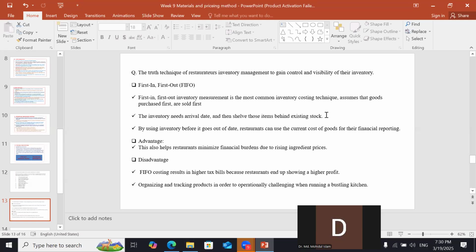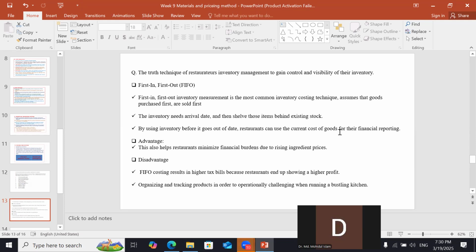On the basis of the date, you design your catalog. By using inventory before it passes the expiry date, a restaurant can use the current cost of goods for their financial reporting.